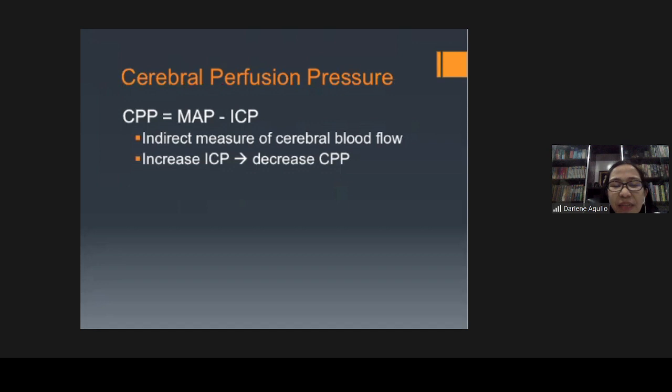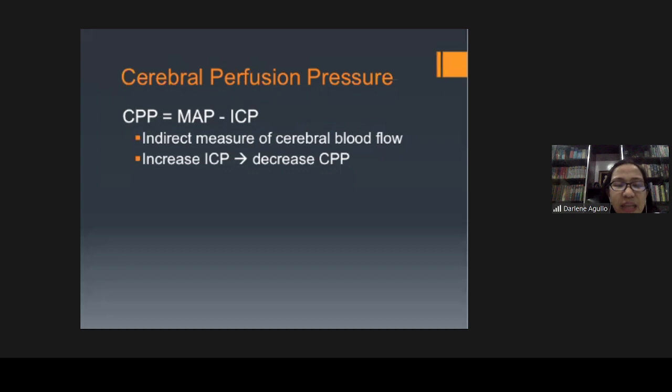The direct result of increased or elevated intracranial pressure is reduced cerebral perfusion pressure, which can result in cerebral ischemia, eventually edema, eventually herniation, potentially leading to disability and increased rates of mortality.